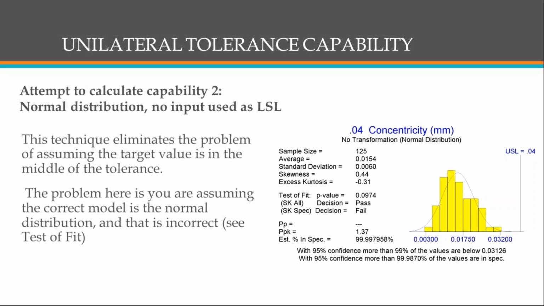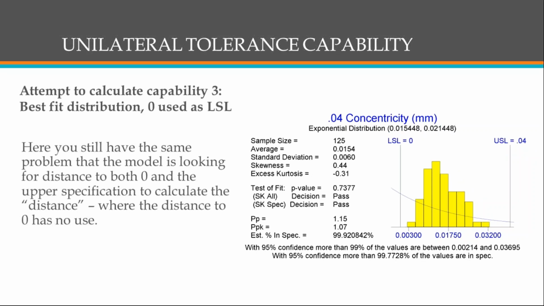Take a look again at that test of fit, 0.0974. So let's try curve fitting and finding a value or a distribution that is more appropriate for the data. We're going to try this first by having 0 as a lower spec limit.